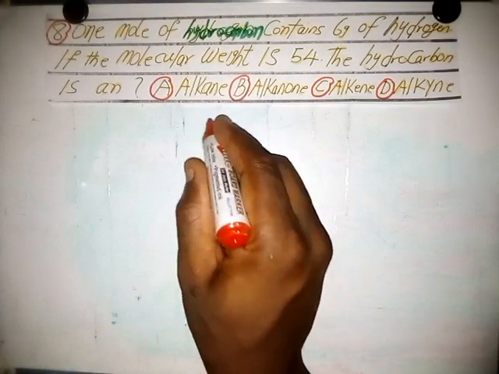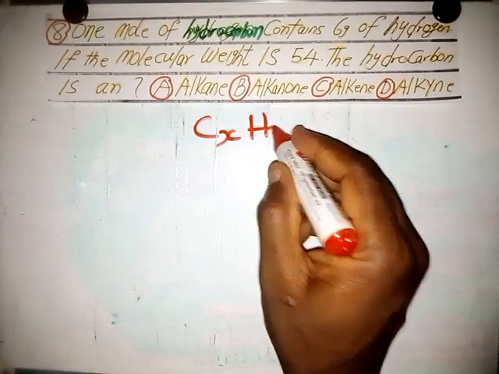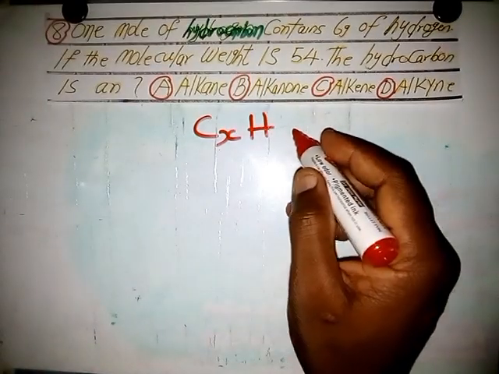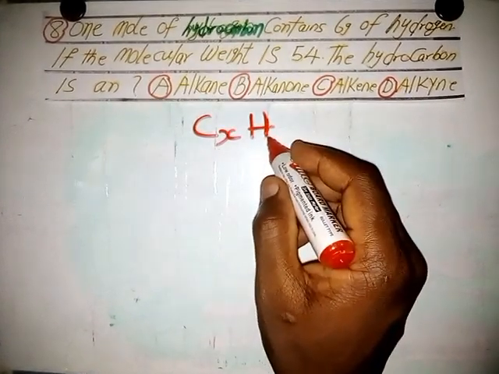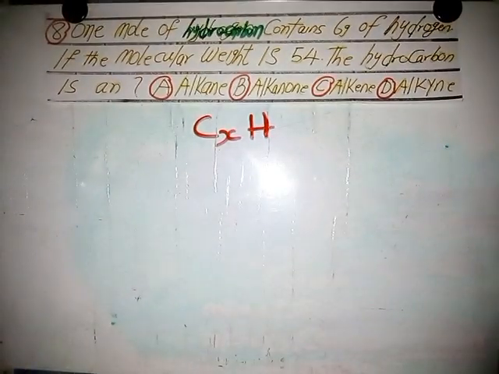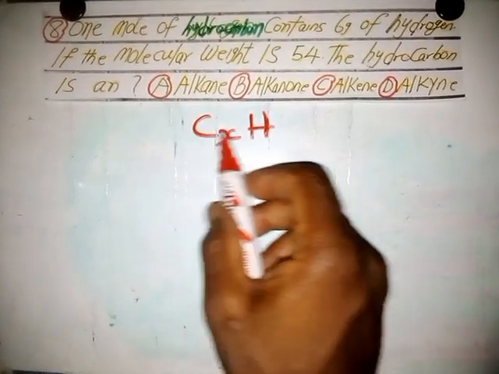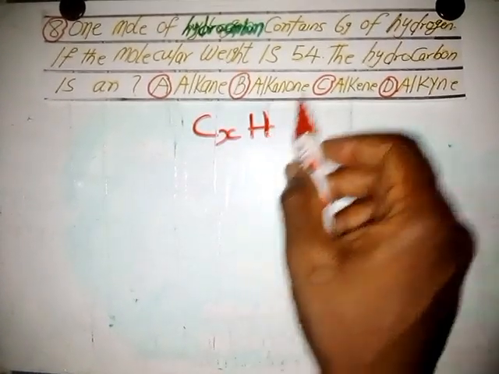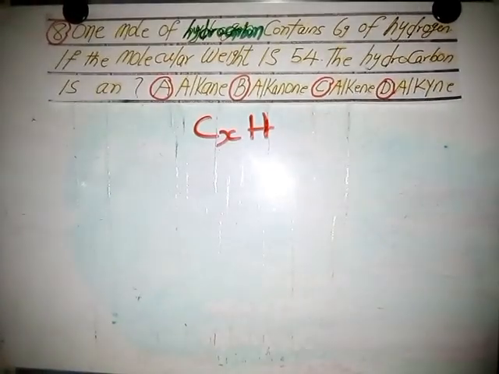Like saying CxH. We don't know the mole for the carbon, but for the hydrogen, we are given the mass. So we calculate the amount in moles for each of them first. That's what we are looking at.